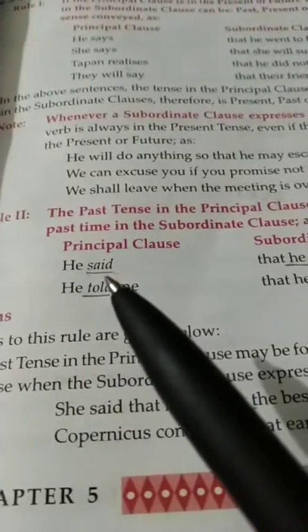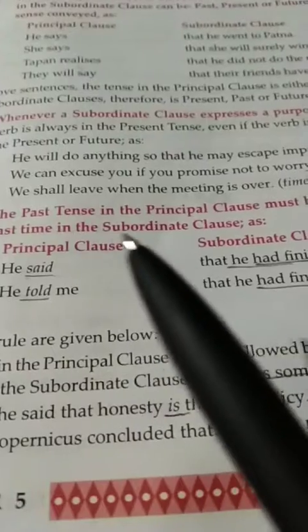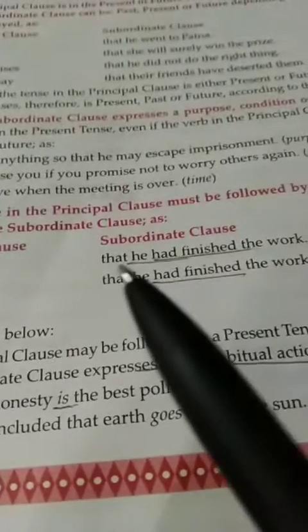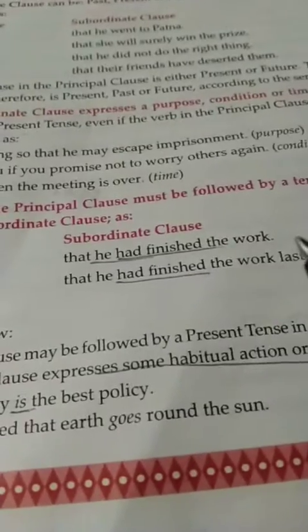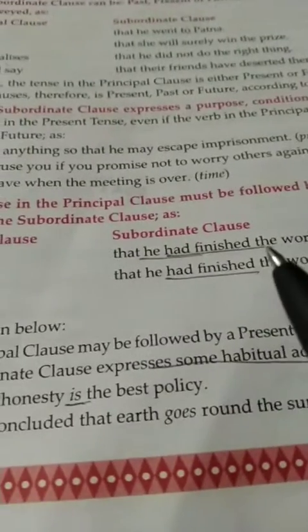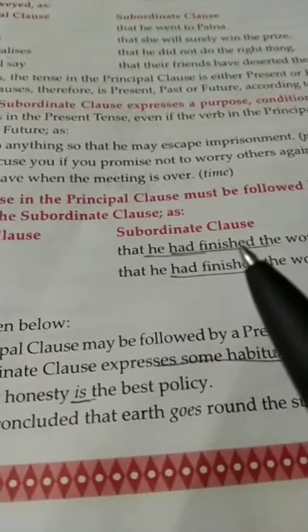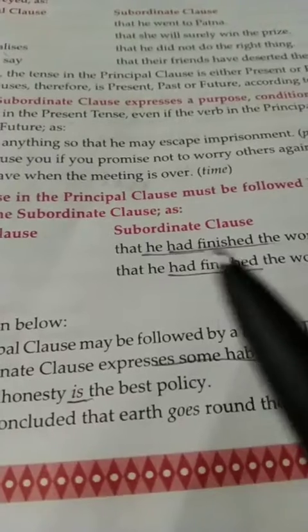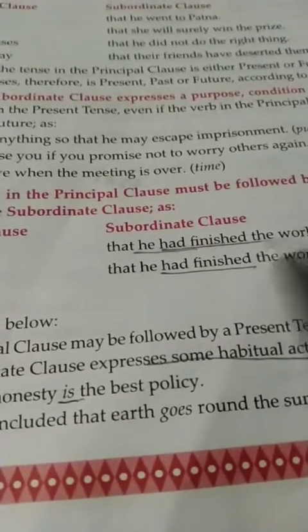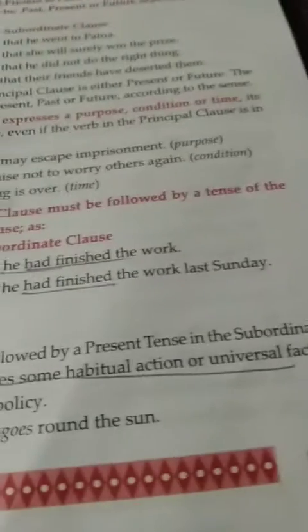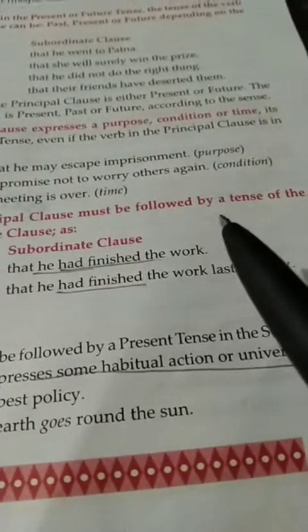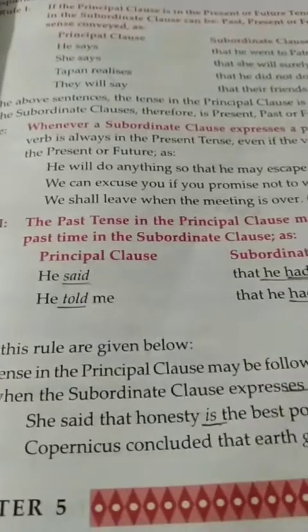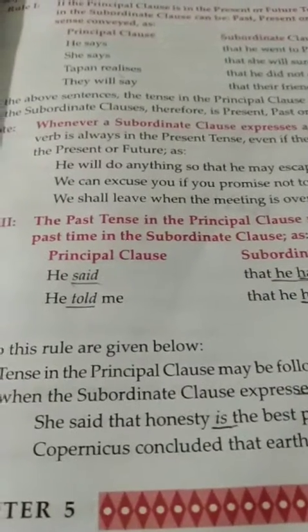Said is in the past tense. It must be followed by a tense of the past time in the subordinate clause. The subordinate clause is that he had finished the work. Had finished is the past perfect tense. So according to the second rule, the verb in the subordinate clause will be in any of the past forms.